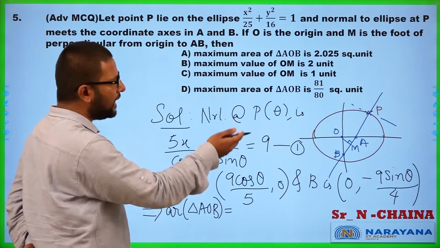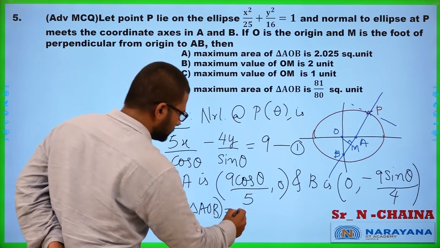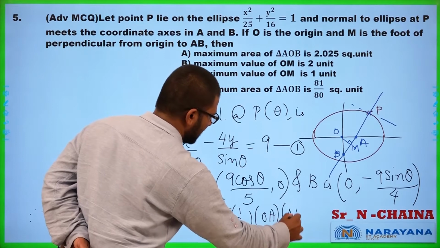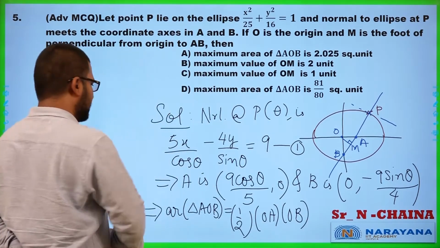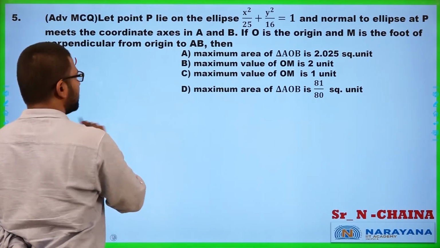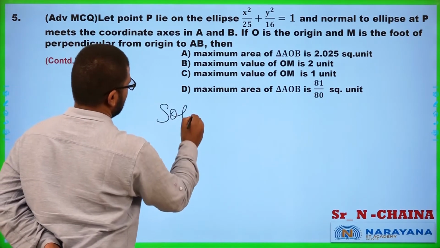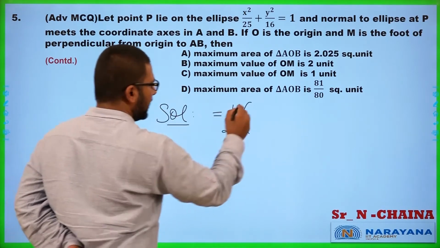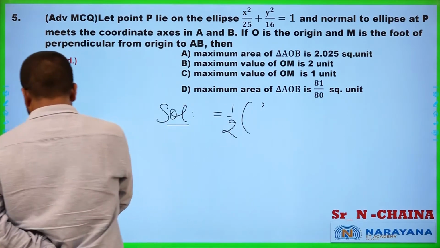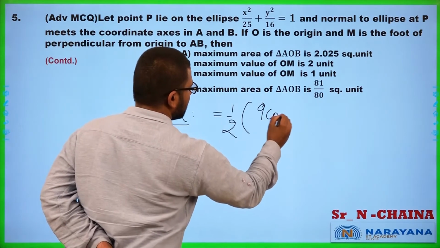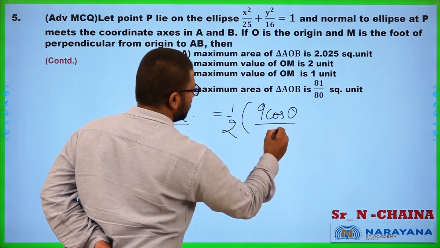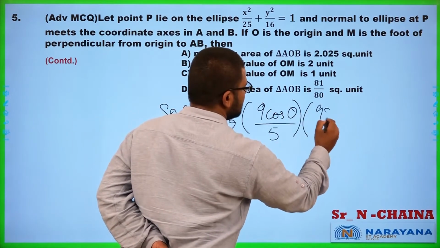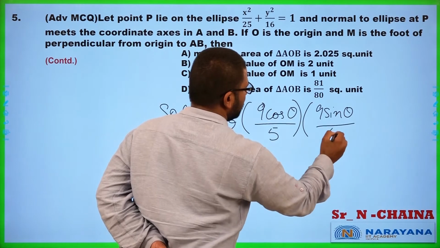That is equal to half of 9 cos theta upon 5 into 9 sin theta upon 4.